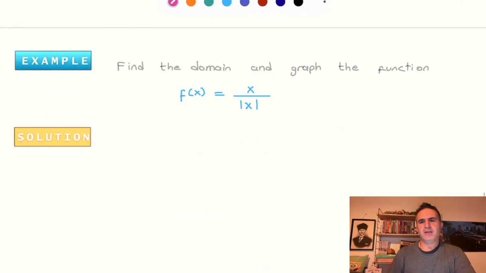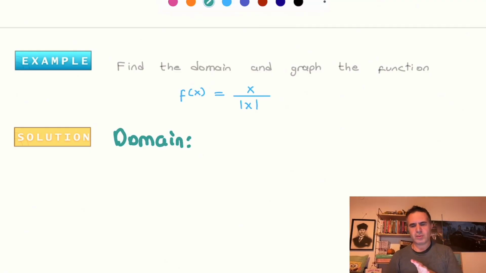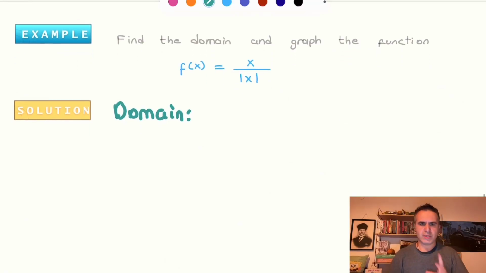Now find the domain and graph the function f of x equals x over absolute value of x. Now the domain is not all real numbers. For this function, the only value that makes it undefined is x equals 0.